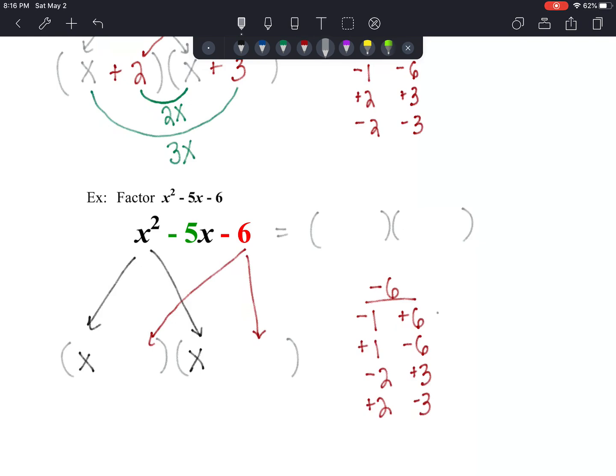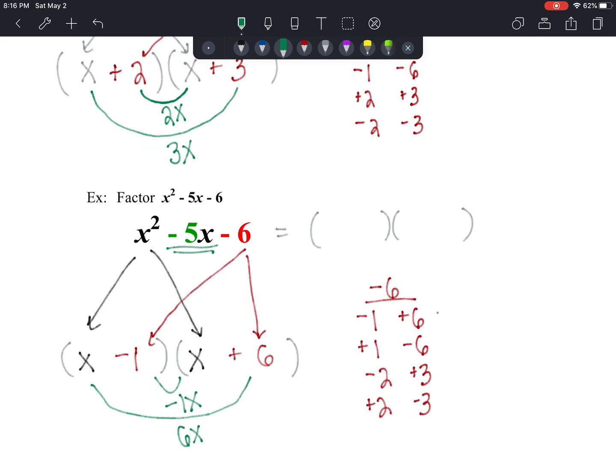So I'm going to start at the top. I'm going to use negative 1 and positive 6. I'm going to check: the outer is 6x, the inner is negative 1x. That gives positive 5x, but I need a negative 5x.